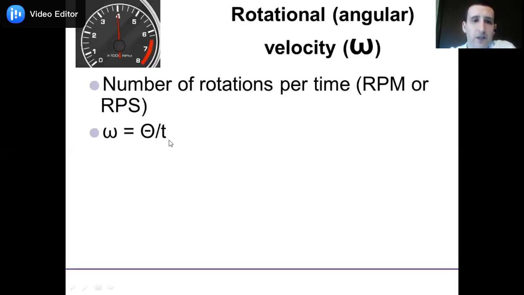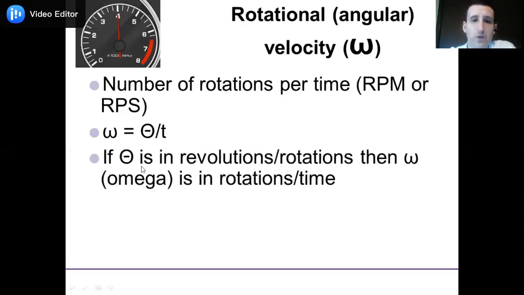So we have this expression, right? Just as we had v equals distance over time, now we've got omega equals theta over time, the same relationship. So we could say revolutions or rotations per time, right? We could say we went around the circle 5 times in a second, so that's 5 revolutions per second. That would be okay, but when we want to discuss this in terms of theta, theta is often going to be expressed in radians.